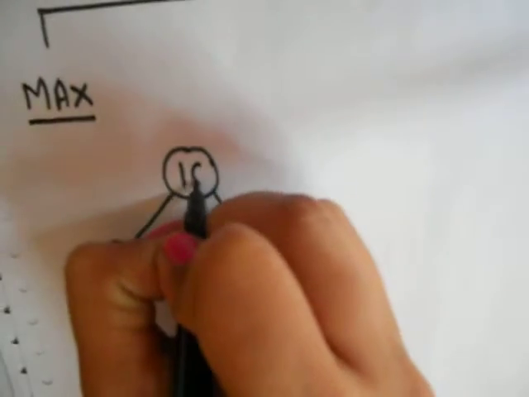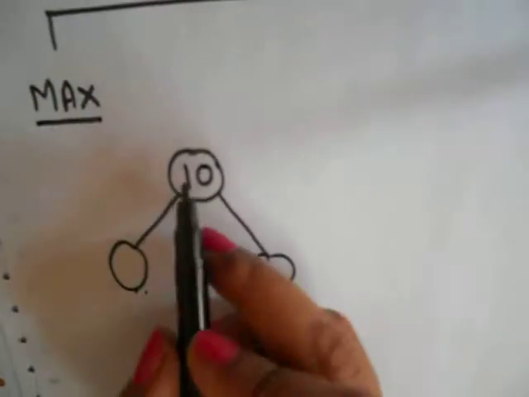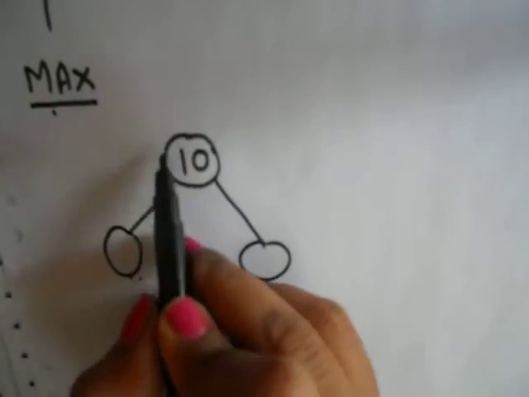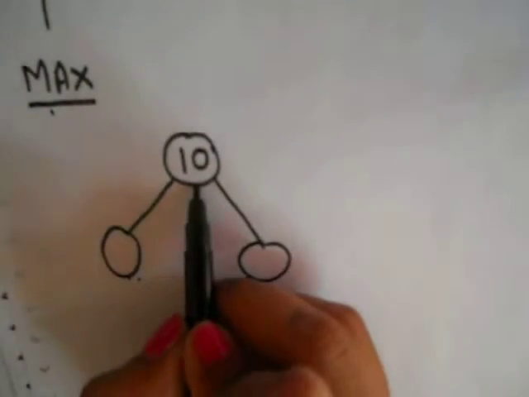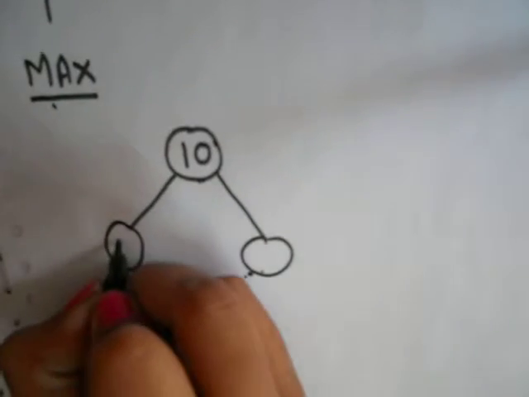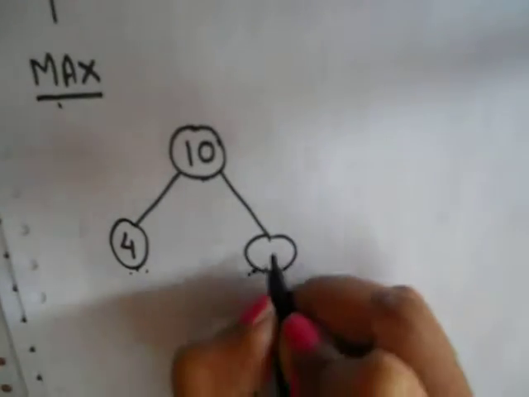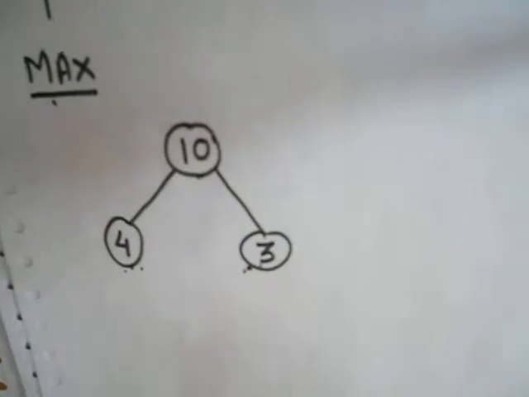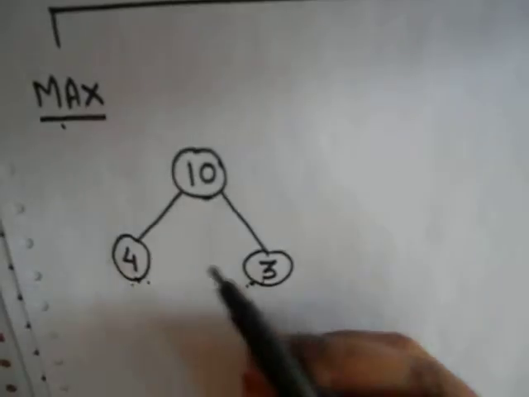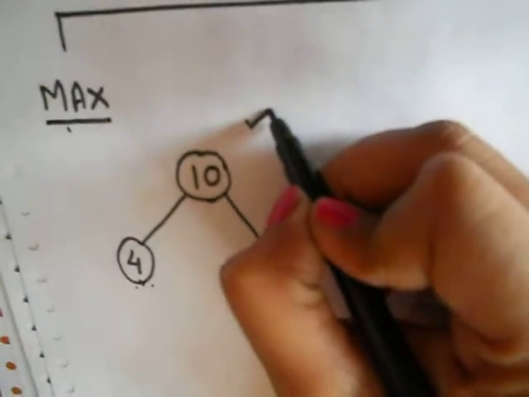For example, if I consider here a 10, and we have to follow the max heap property, the value of this node is 10, and 10 should be greater than its children. So if I consider here 4 and here 3, 4 and 3 are less than 10, so this follows the max heap property.